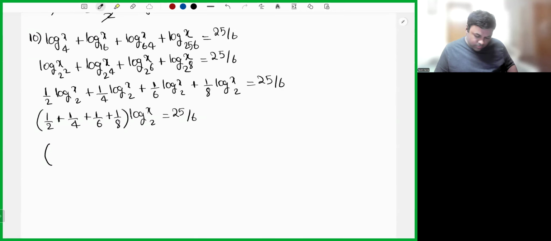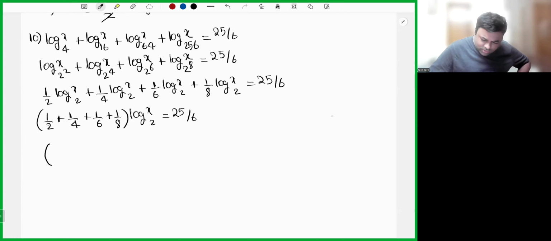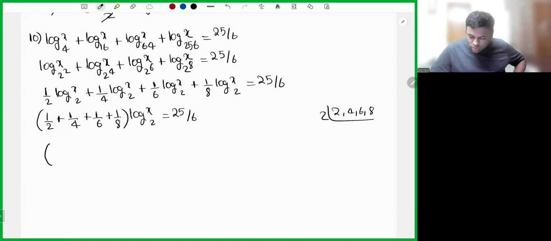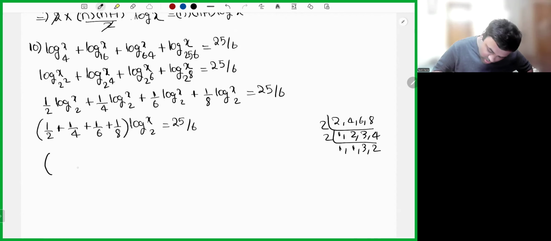The LCM of 2, 4, 6, 8. What do you think the LCM is? Let's do it, sir. We don't know LCMs. Let's do it. So 2 into 2, 4, 4 into 3, 12, 12 into 2, 24. So 24 is the LCM, my dear friends.